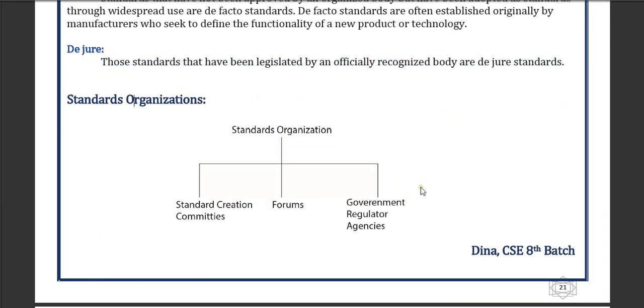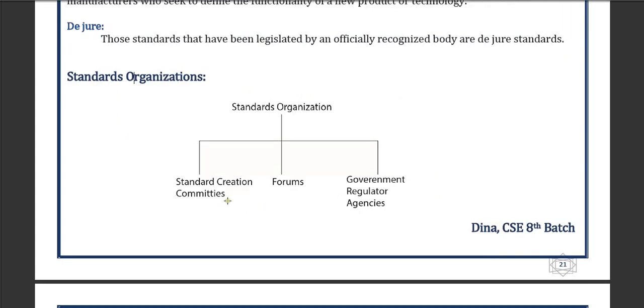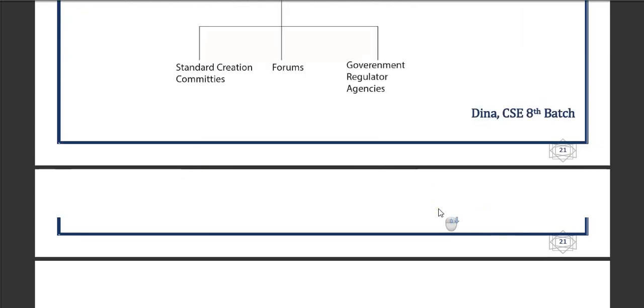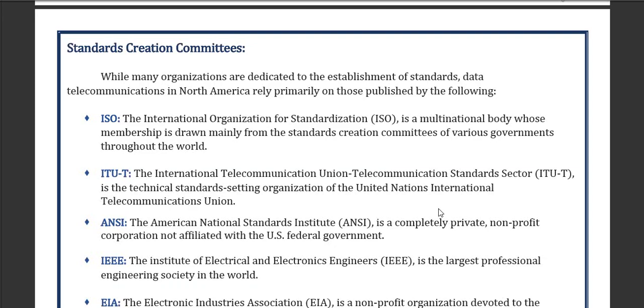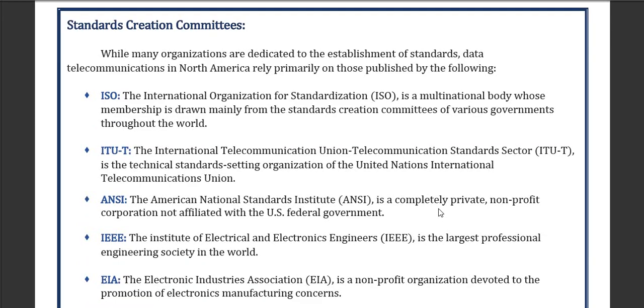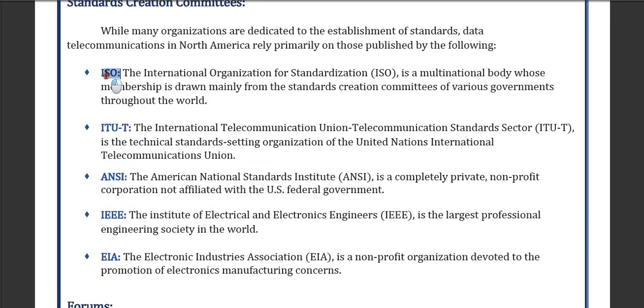Standards organizations are standard creation committees, forums, or government regulatory agencies. Some standards creation committees are ISO and ANSI. ISO stands for International Organization for Standardization, and ANSI stands for American National Standards Institute.